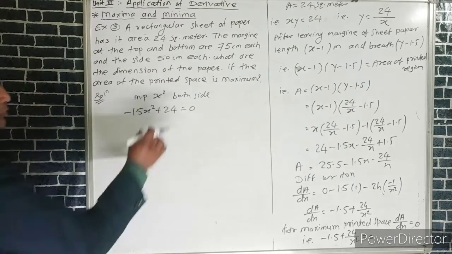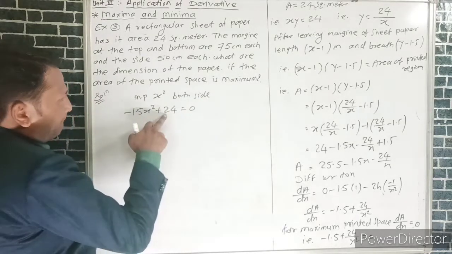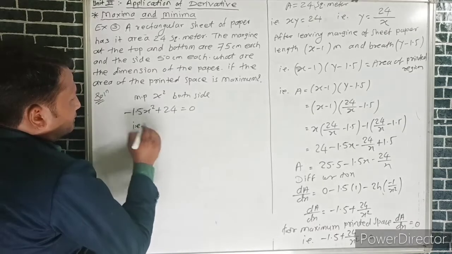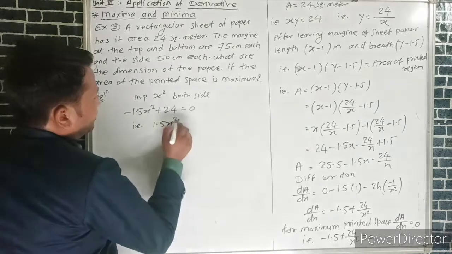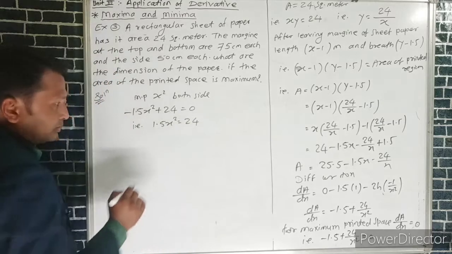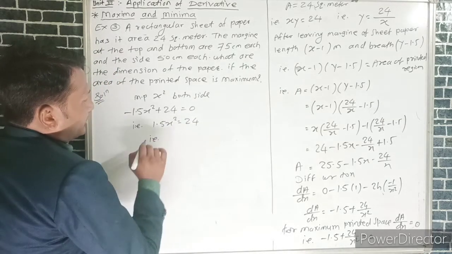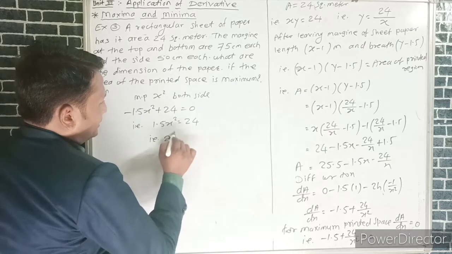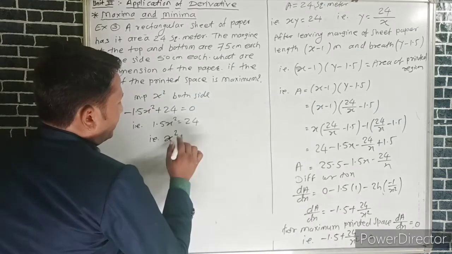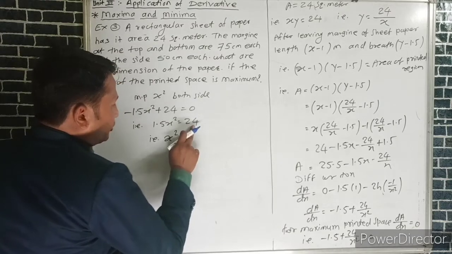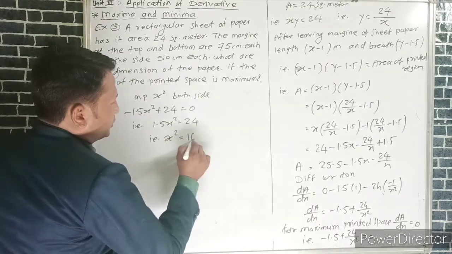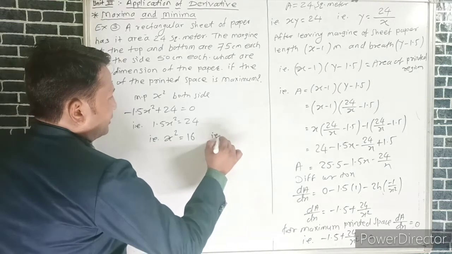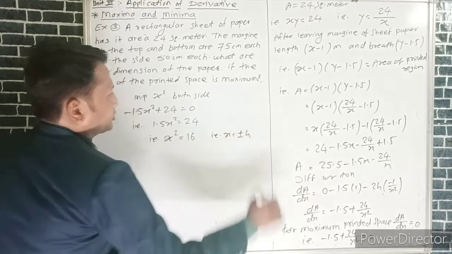If we shift this 24 to the right side, it becomes minus 24. Directly we can write 1.5 x square is equal to 24. If we divide 1.5 on both sides, we can write x square is equal to 24 upon 1.5, which is 16. That is, the value of x is equal to plus minus 4.